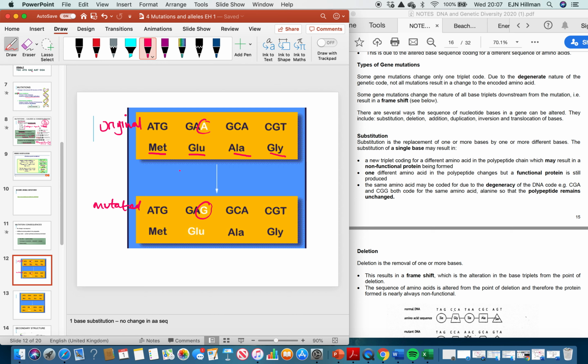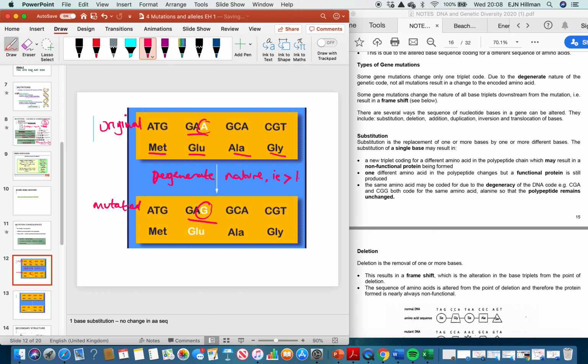Now, because of what's called the degenerate nature of the genetic code, that's a D by the way, i.e. that sometimes more than one triplet codes for the same amino acid.